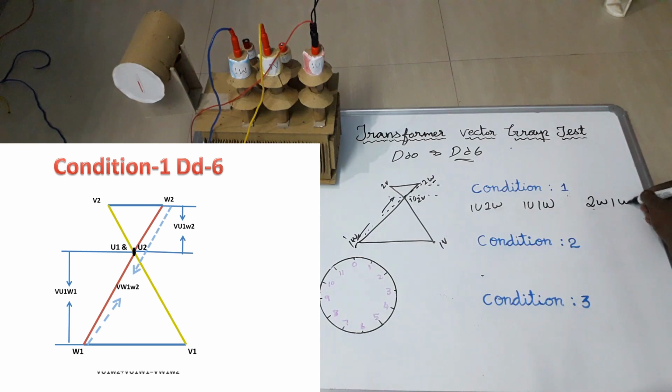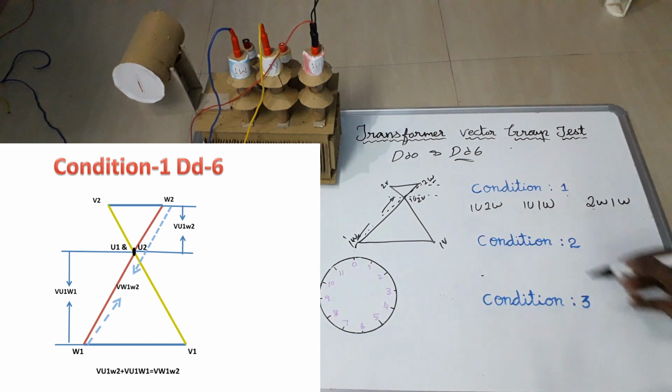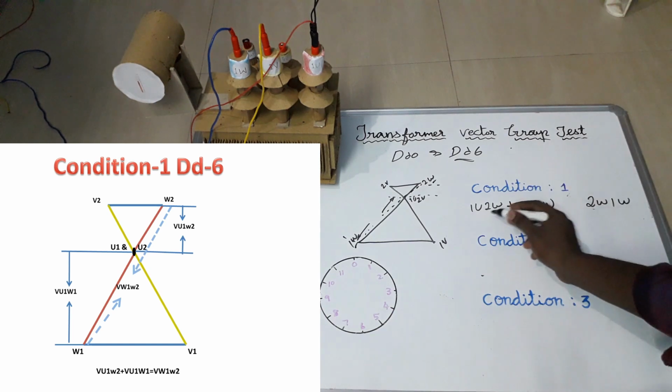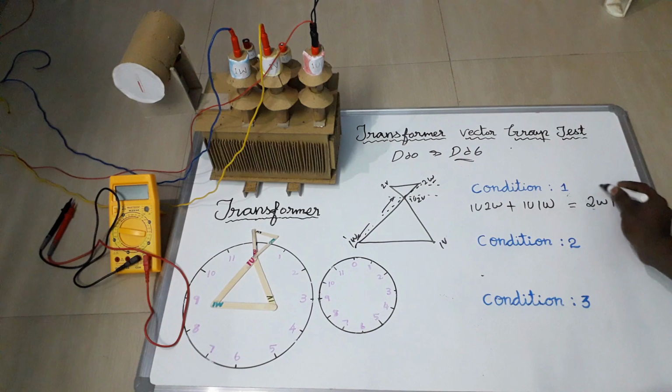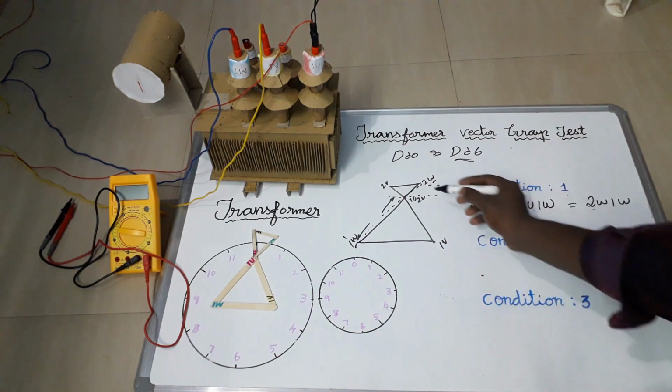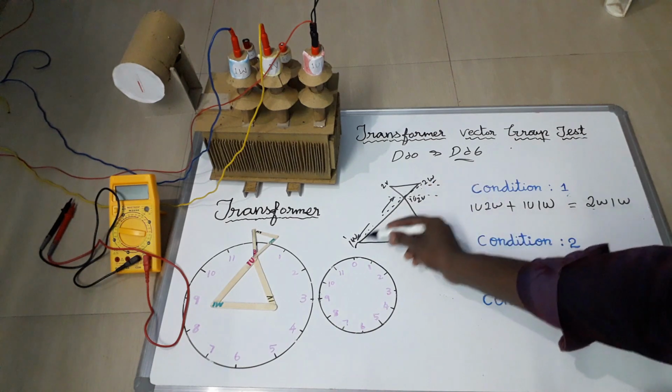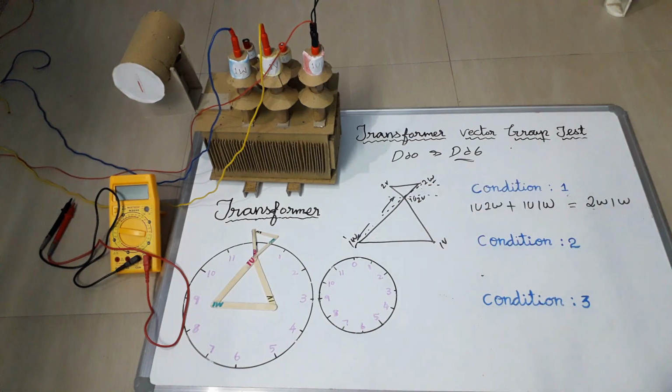Now, if you add these two values, this should be equal to this over here. This one you can clearly see here. When you add this and this, it should be equal to this whole value. That's what we are going to see in this condition.